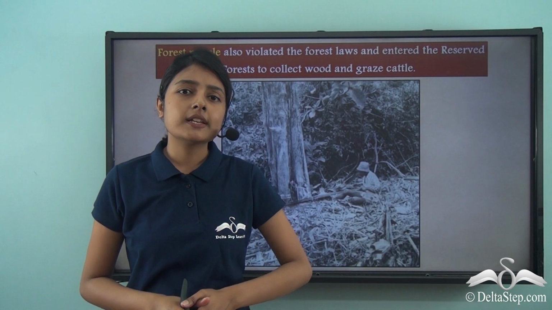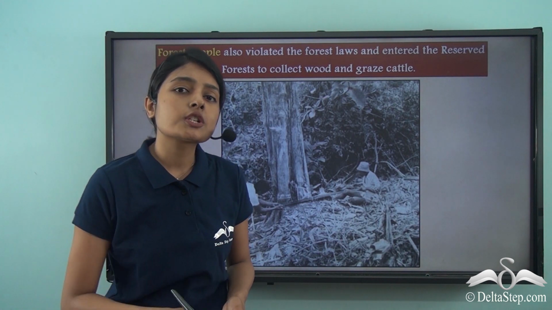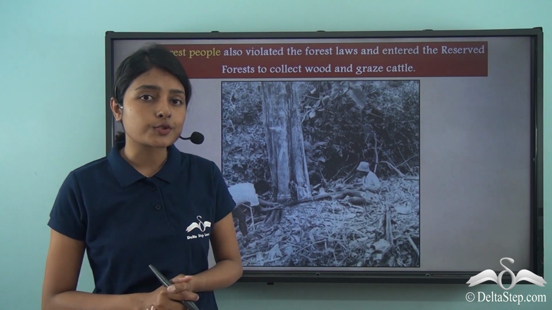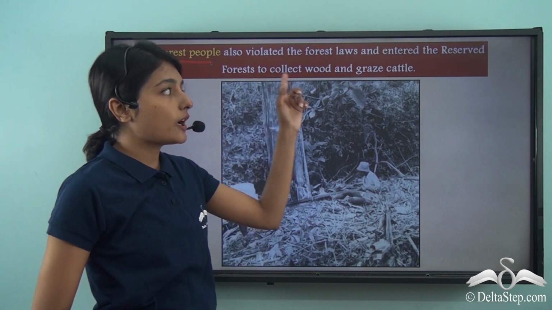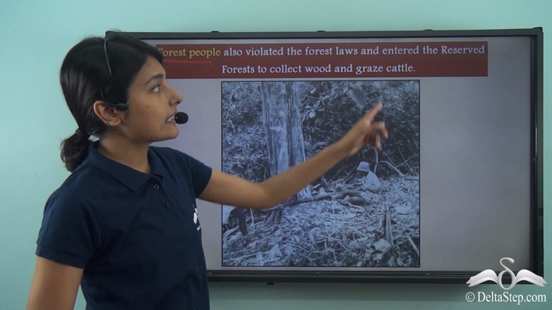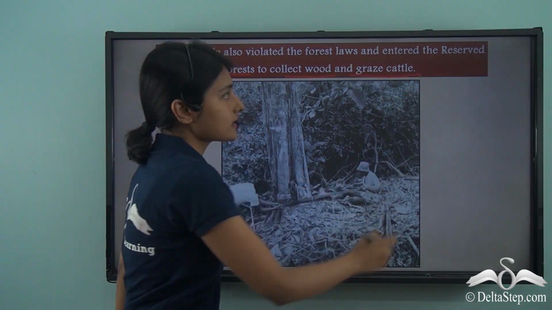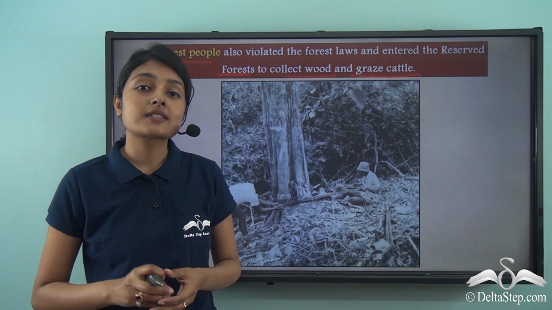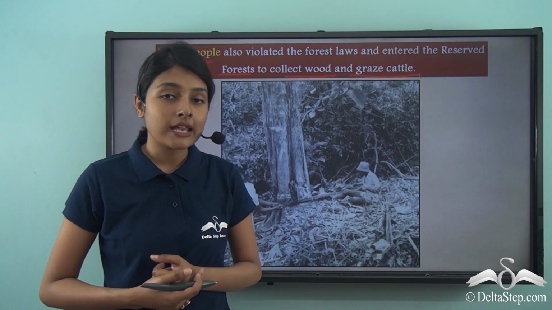The civil disobedience movement entailed widespread support and expressions of protest from all the sections of the Indian society, so to speak. Even the forest people also violated the forest laws and entered the reserved forests to collect wood and graze cattle. Now, the reserved forests were places where the tribals or the local indigenous people were not allowed to enter.